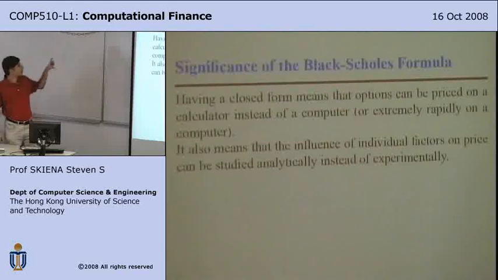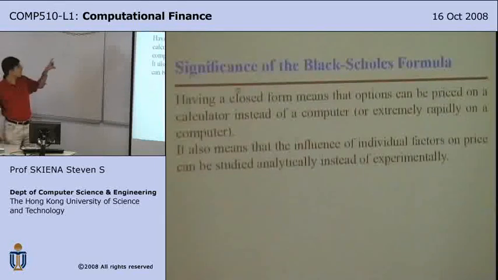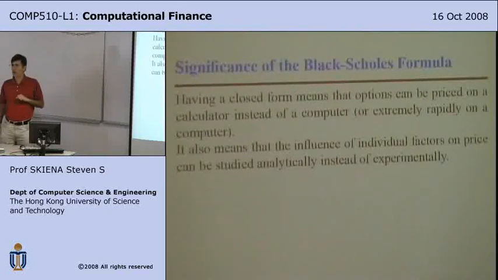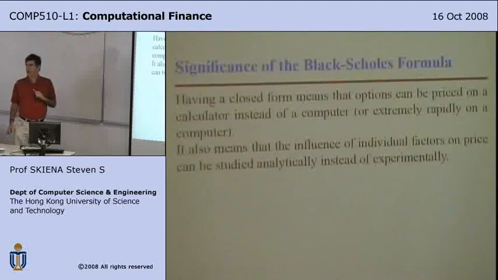Now, what makes the Black-Scholes formula important? One is that it is a nice, easy way to calculate it. It is in principle something that you plug into a calculator. That means it is faster to compute than going through this big, complicated numerical method.